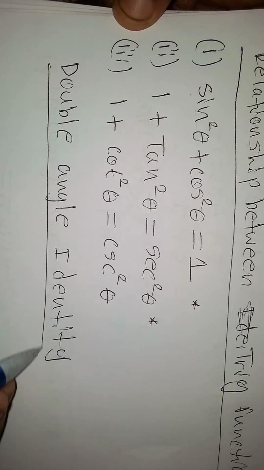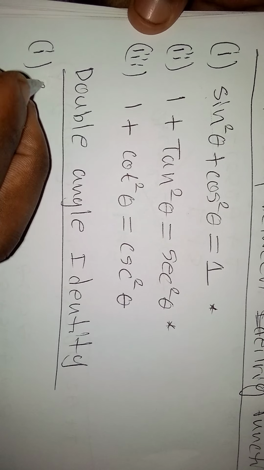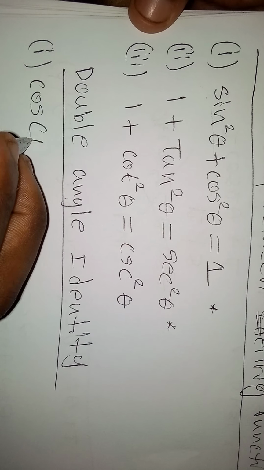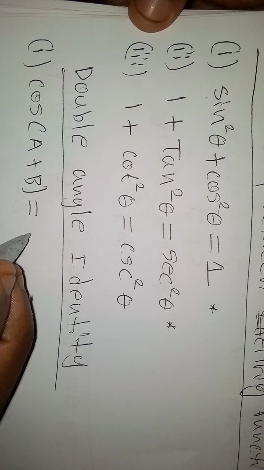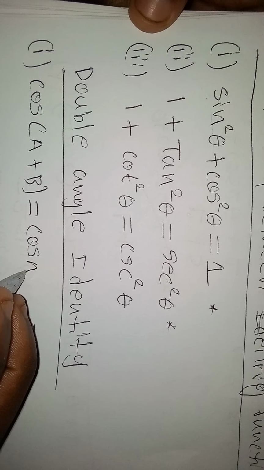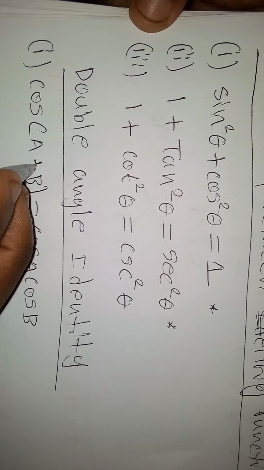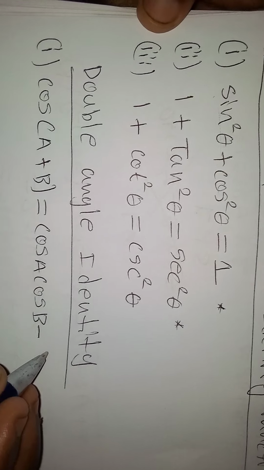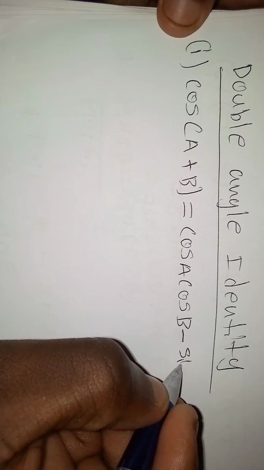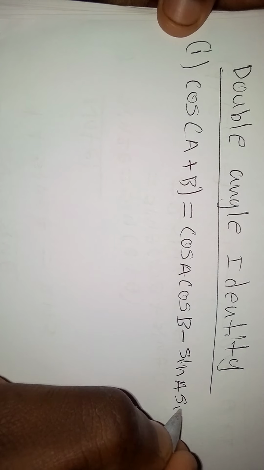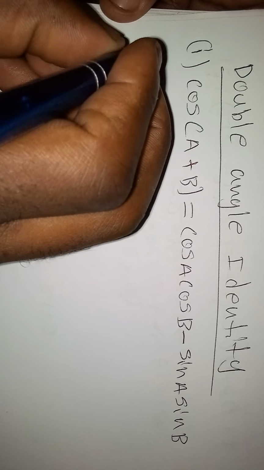The first one, we have cos A plus B. So cos A plus B is given by cos A cos B. The sign changes here, we have minus sine A sine B.